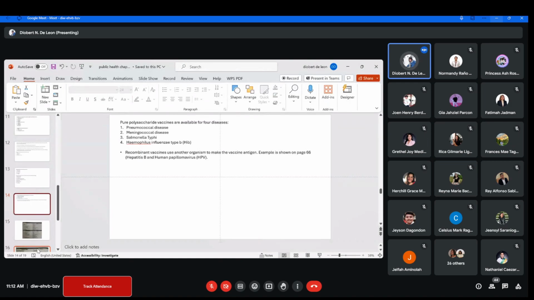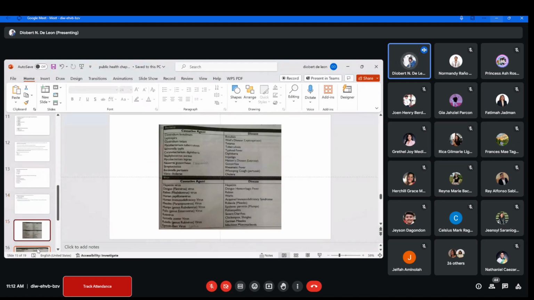So we also have here a lot of causative agents and their corresponding diseases, nga ga-cause sila. And this is actually a bacterial causative agent, these are bacteria.